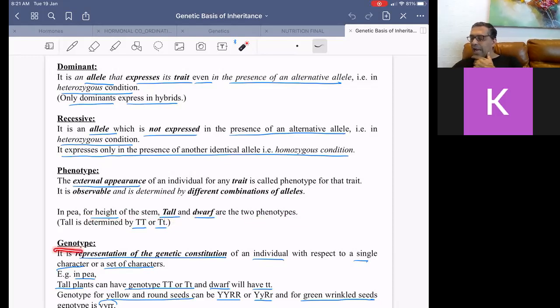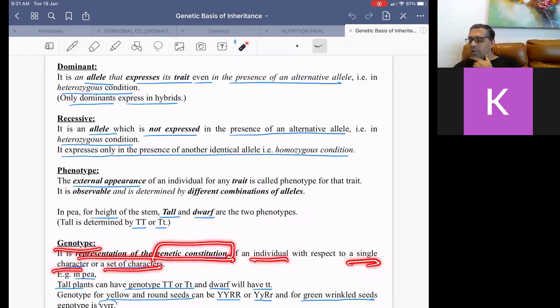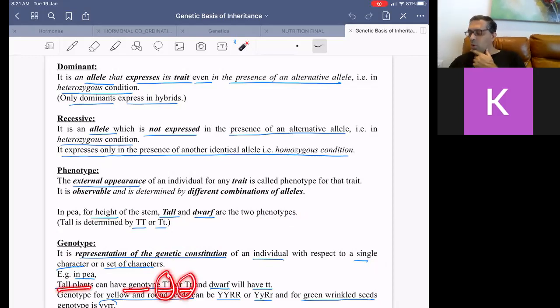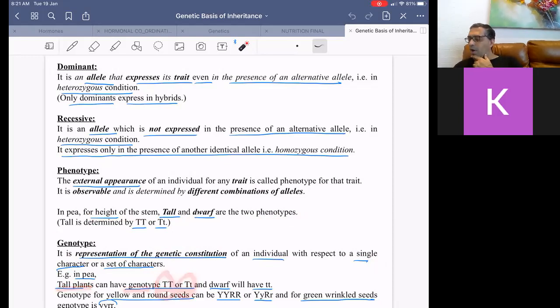And then we have genotype, the representation of the genetic constitution of an individual with respect to a character or set of characters. So tall plants have genotype capital T capital T or capital T small t, homozygous tall or heterozygous tall, and a dwarf plant has small t small t.